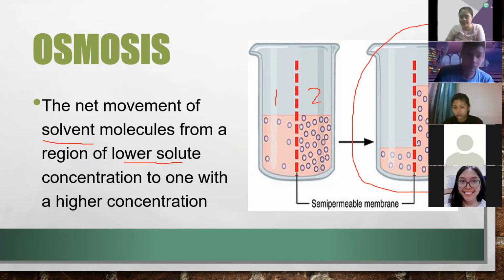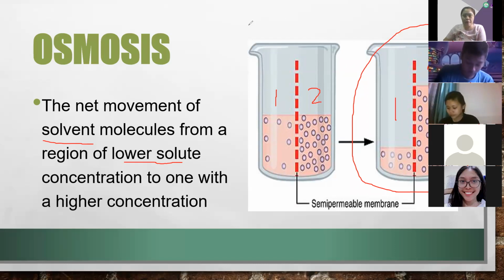Okay, so as you can see, walang solute na nag-move ha, solvent lang. So nakikita niyo sa compartment number 1, the solute remains the same but the solvent has decreased. Okay? And saan napunta yung ating solvent? Nandito na siya sa compartment number 2 or the region with higher solute concentration.